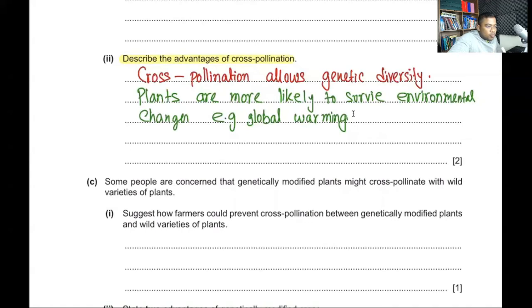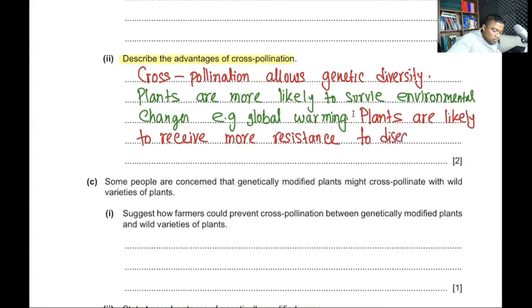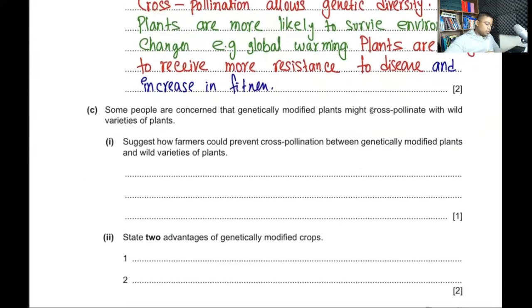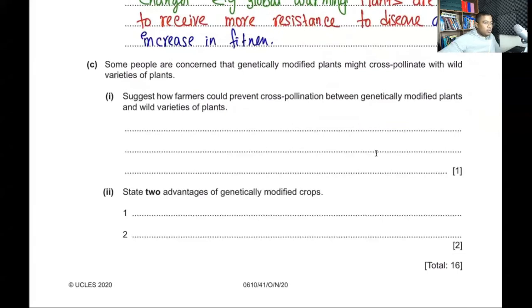Plants are likely to receive more resistance to disease by cross-pollination. And an increase in fitness in general. So they will be more able to survive the changing weather pattern and everything.